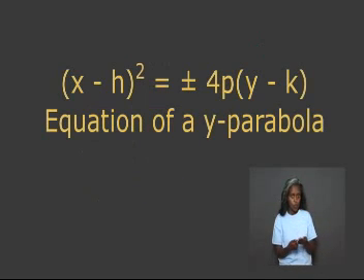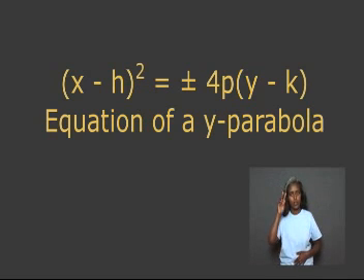Therefore, the equation for a y parabola is given by (x minus h) squared equals plus or minus 4p times (y minus k).